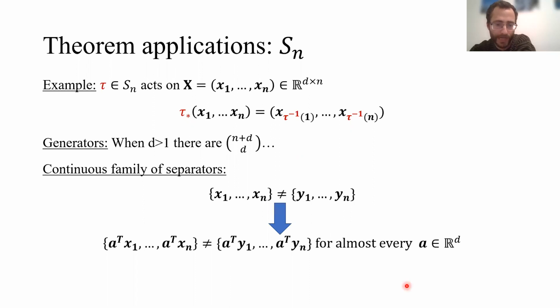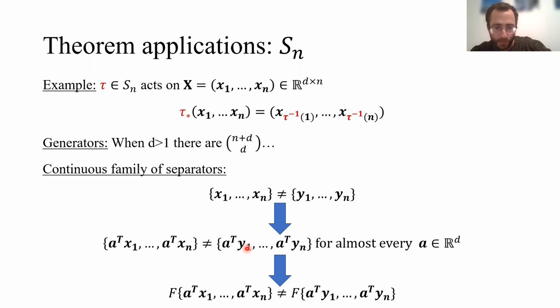So you take some random vector a in R^d and apply it to your set. Now you have a set of n numbers. It may be that now these two things are the same, but for almost every a, they will not be the same. The set of a for which they will be equal is a very small set. It's like a union of subspaces of R^d.